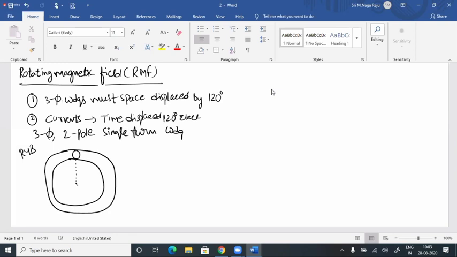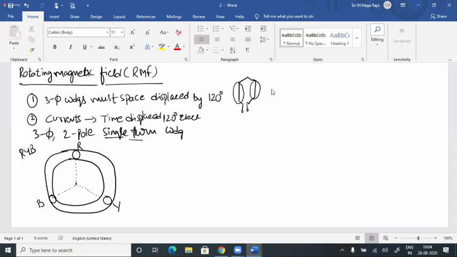So after 120 degrees, we need to place the Y phase. After another 120 degrees, we need to place the B phase winding. Single turn means it has 2 coil sides.